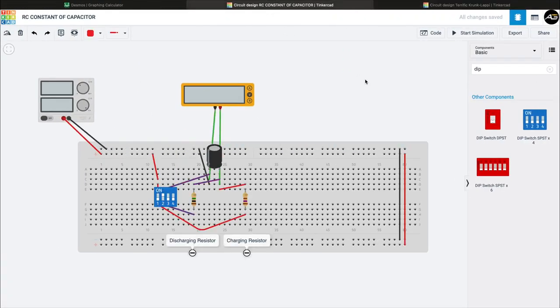We can see here the voltage source, the multimeter, and a polarized capacitor. I have used an ideal diode. In this circuit, the capacitor will be discharging through this resistor and charging through this resistor.